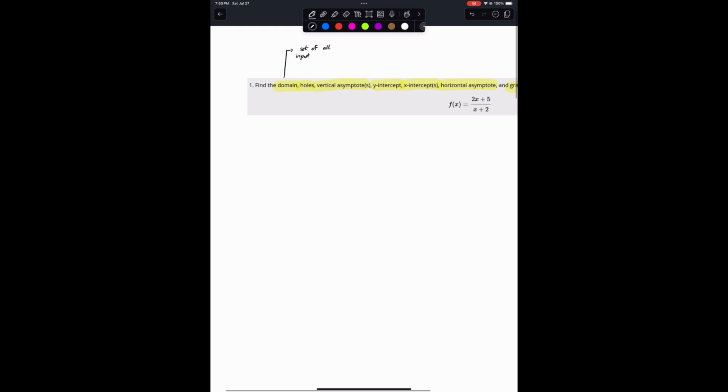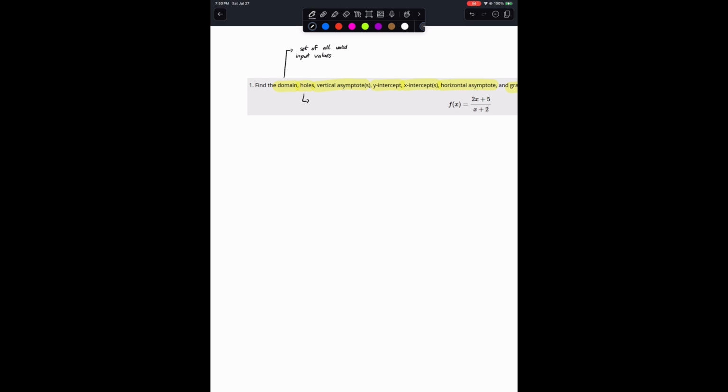So for this function, it'll be the set of all valid x values. And when I mean valid, I mean when you plug in the input value, you should get a valid y value back. You should not get undefined, does not exist, or some type of error along those lines.